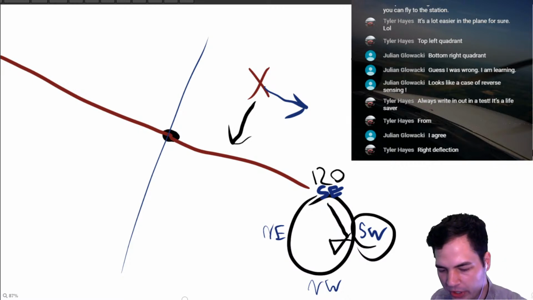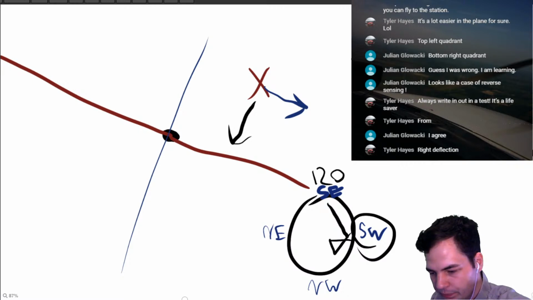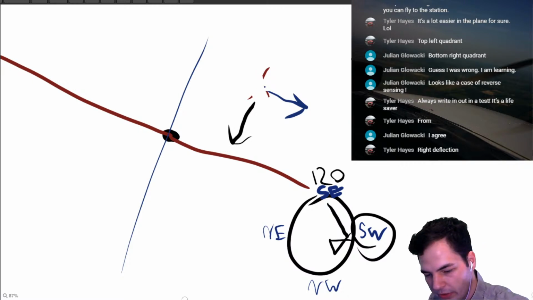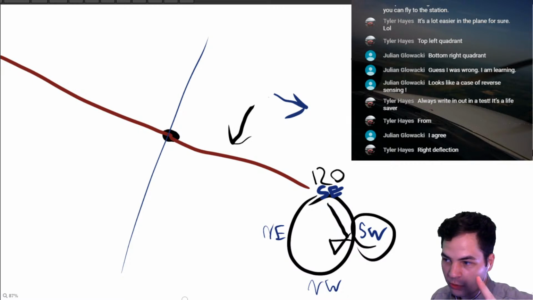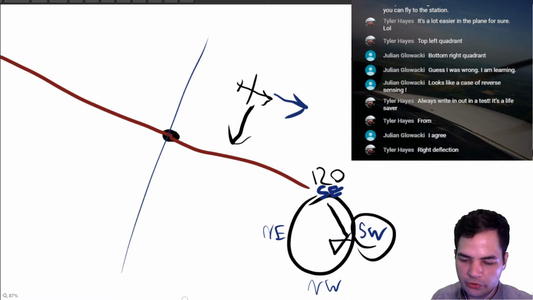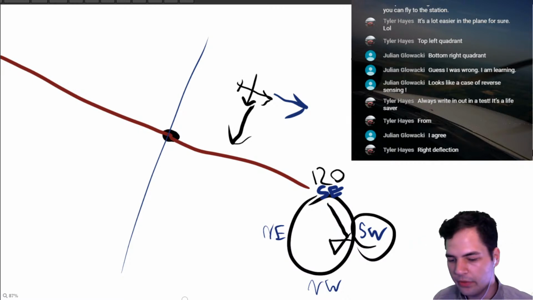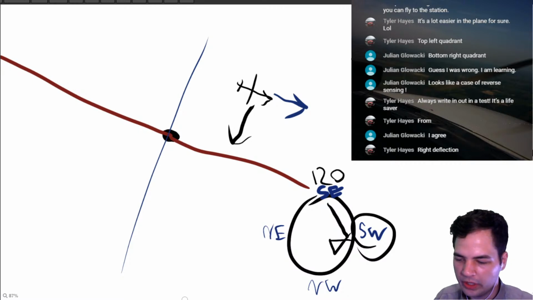My method for confirming the needle on the left, the needle on the right of us, airplane on the left of the radial, my way of figuring that out is draw a little airplane. So instead of the X, again, doesn't matter where the airplane in the question was pointed, but if I was to fly 120, then yes, the radial would be off my right wing there.